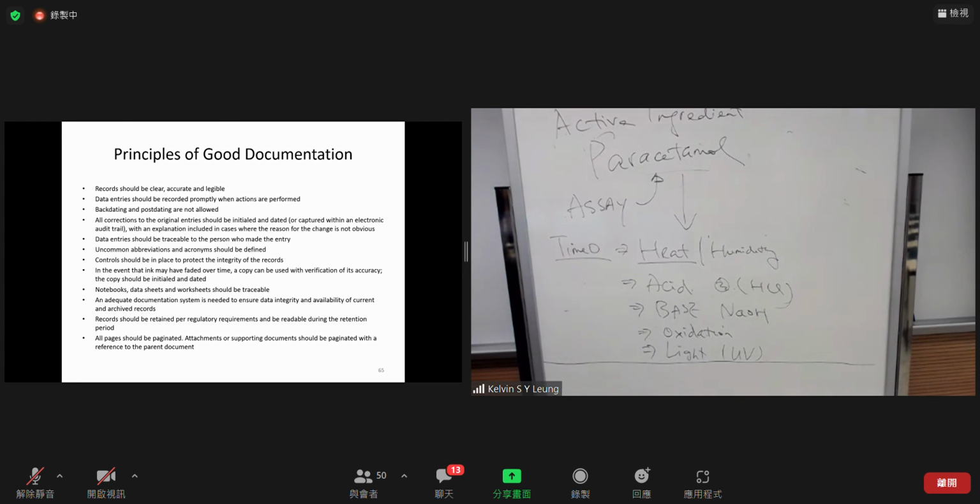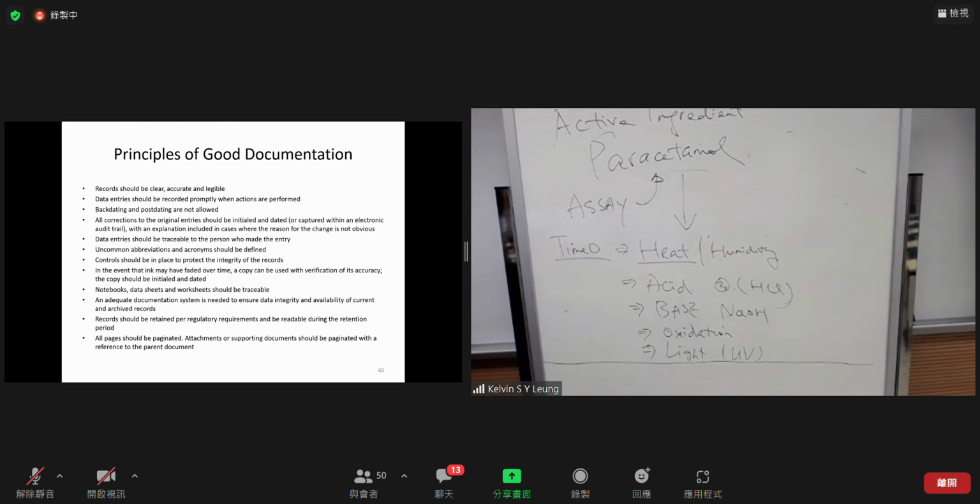As an analyst, you have the responsibility to report the accurate and true result. Don't make up the results. And the data entry should be recorded promptly, which means you have to record it immediately.